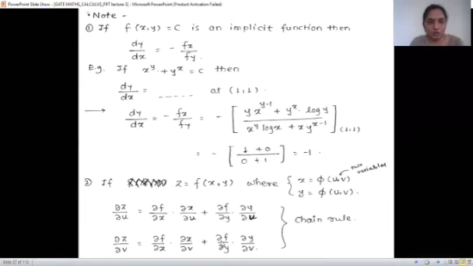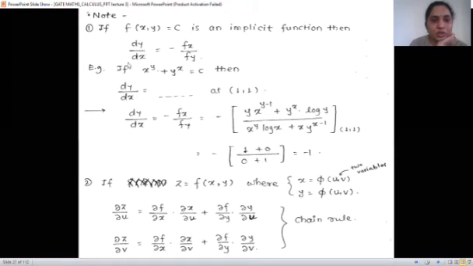Very important note. If f of xy is equal to c is an implicit function, then dy by dx is minus fx upon fy. Fx is dou f by dou x and fy is dou f by dou y. How do you obtain this? By using the total derivative.